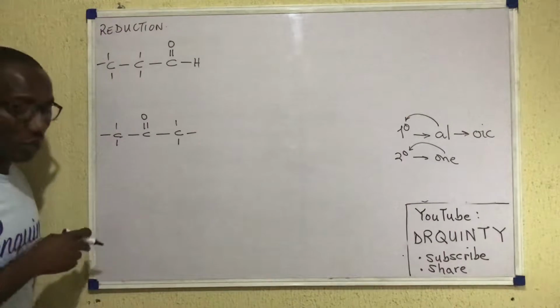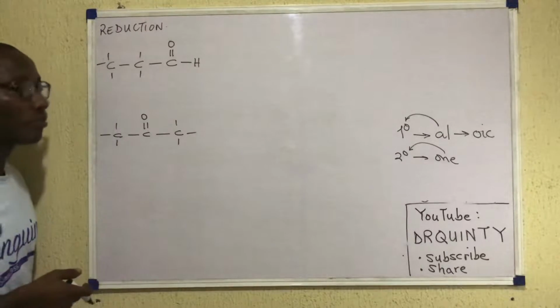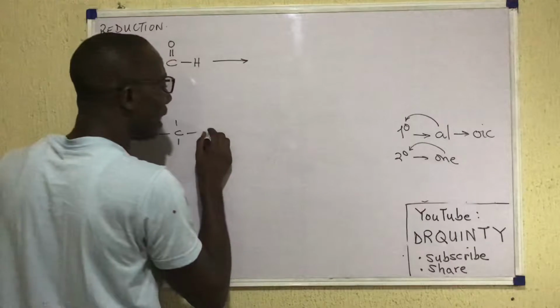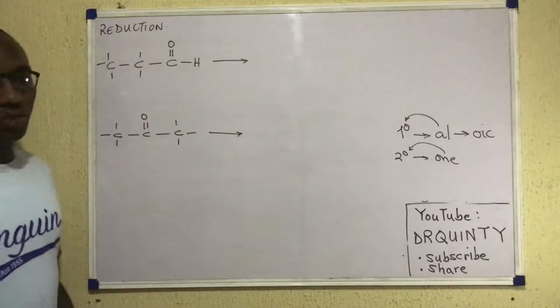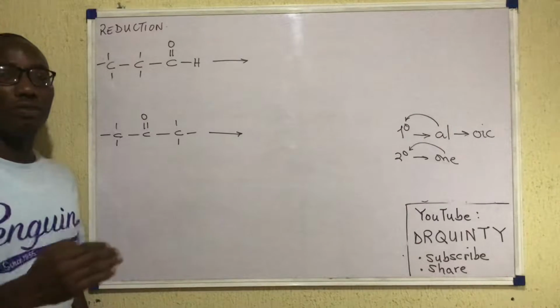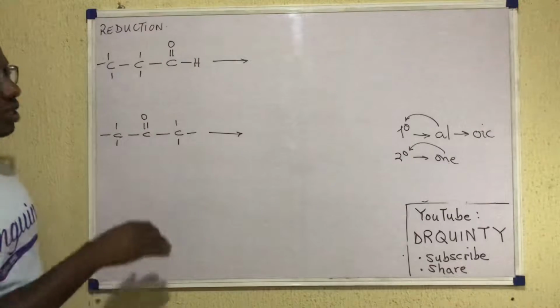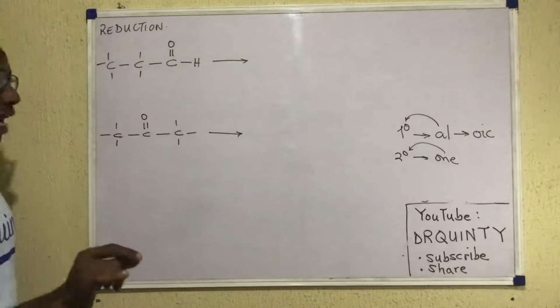If these two were subject to treatment with a reducing agent, then they would both become reduced by simple addition of hydrogen. If you remember basics in chemistry, it is said that the addition of hydrogen to a substance is reduction. So the reduction that's going to take place here will be in the form of addition of hydrogen.